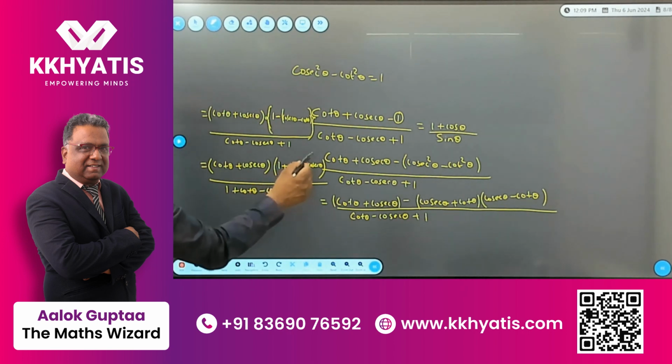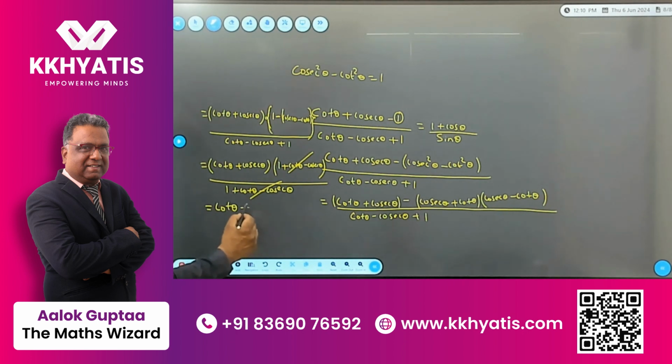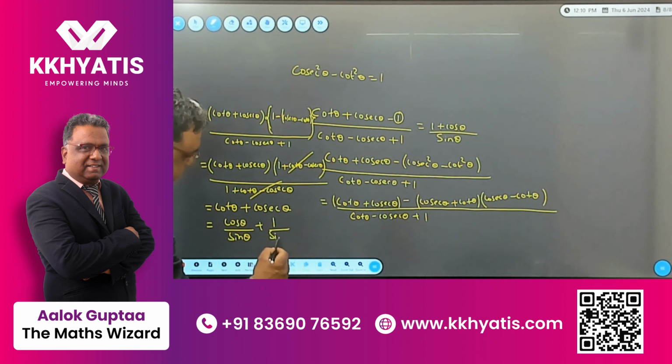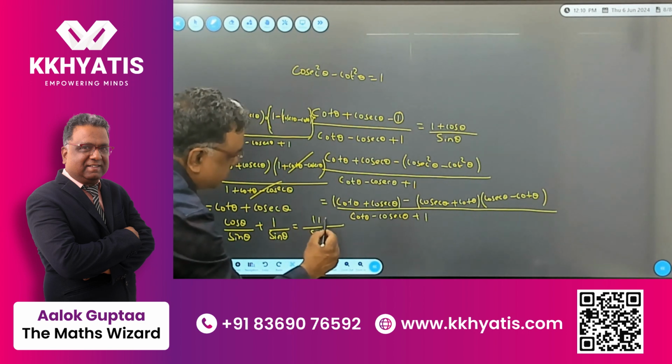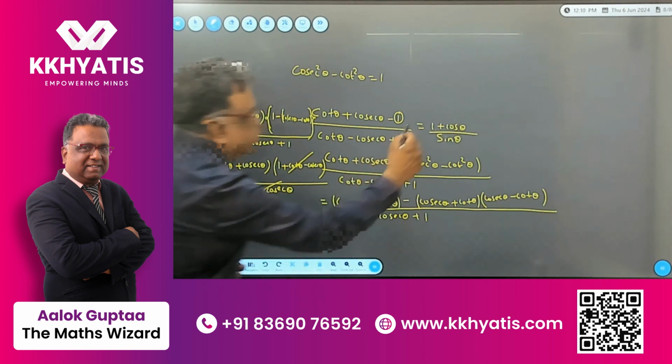Now if you see, this and this will get cancelled. I am left with cot theta plus cosec theta. Cot theta I can write as cos theta upon sin theta. Cosec theta I can write as 1 upon sin theta. If I take sin theta common, 1 plus cos theta. This is what I was asked.